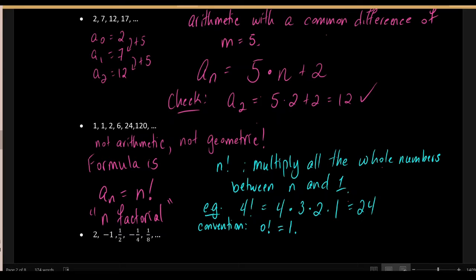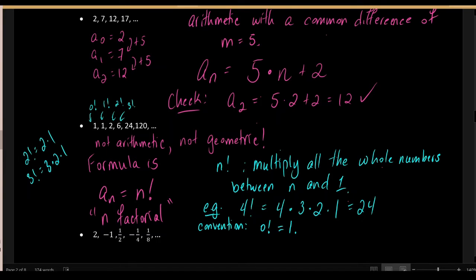So this sequence that we have been given, 0 factorial is equal to 1, 1 factorial is also equal to 1, 2 factorial is equal to 1 times 2, so that's equal to 2. 3 factorial is 3 times 2 times 1, so that gives us the 6.